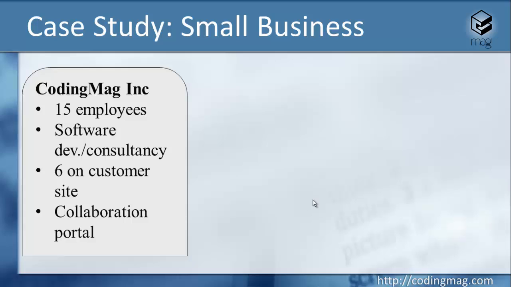So you need to have a collaboration portal which must be accessible from the internet, and you can use it for document exchange, for tracking task statuses in projects, etc.